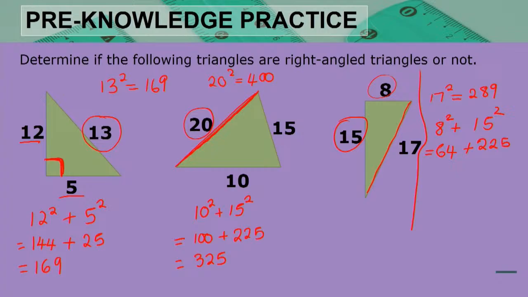So what is 225 plus 64? That gives us 289. We can see that it is giving us the same answer as the longest side squared. So is this a right-angled triangle? Yes, in fact, it is a right-angled triangle.